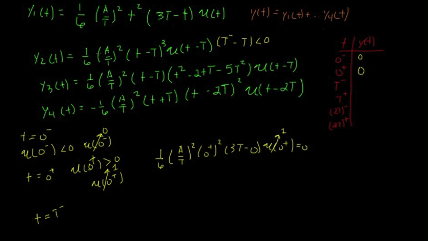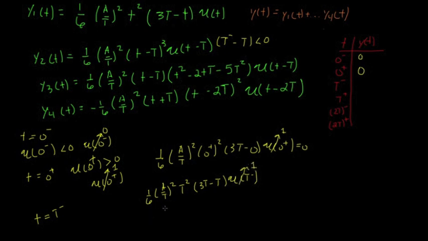Only y1. So we will evaluate y1, and we will get 1/6 times a over capital T squared times capital T squared times 3t minus capital T, and then we would have u of capital T minus, but we know that value goes to 1.